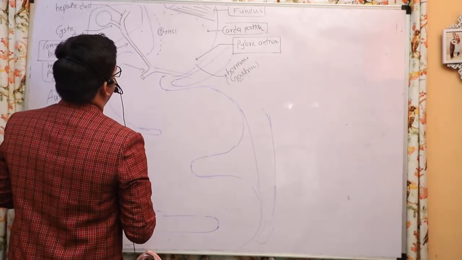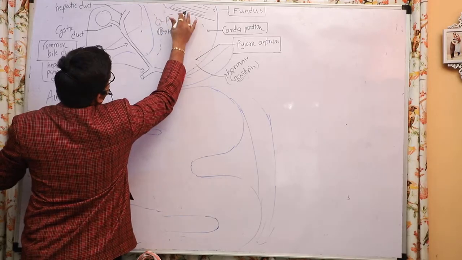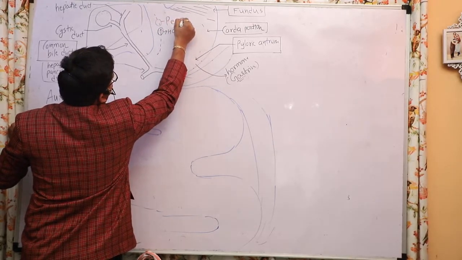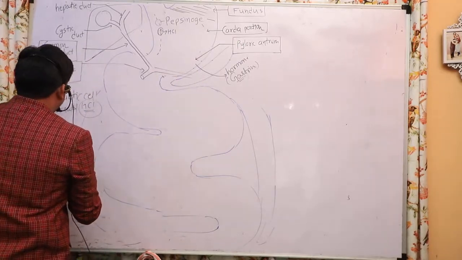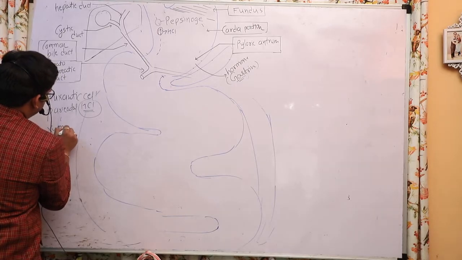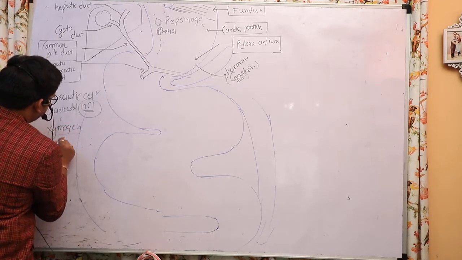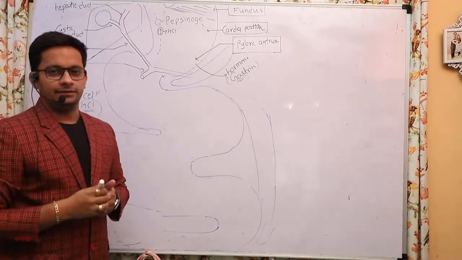Now another enzyme which is called pepsinogen. Pepsinogen is secreted by the zymogen cell. Zymogen cell, yeah, chief cell. Another name is chief cell.